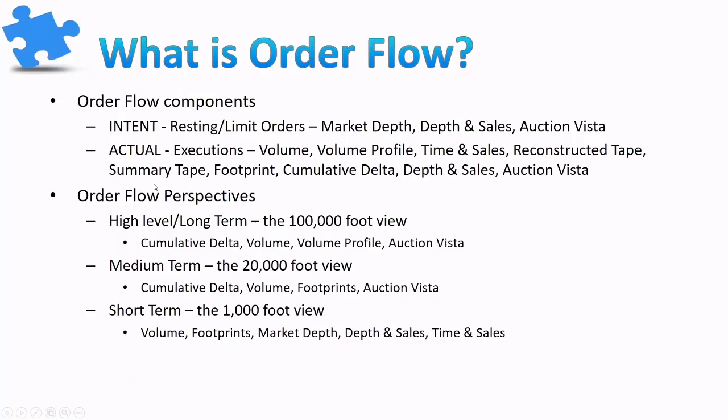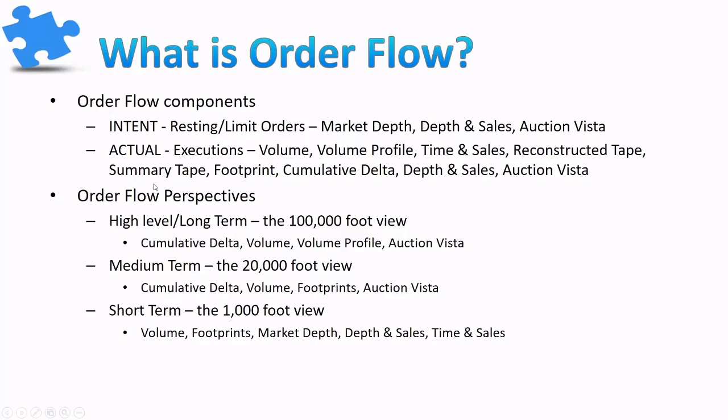Now, there are two major components to order flow, and we can separate those in terms of intent and actual. Actual would be what actually trades in the here and now, and intent is what people say they're going to trade, but they might not. So of all the order flow tools, it's only the depth of market and also Jigsaw Auction Vista that's going to show intent.